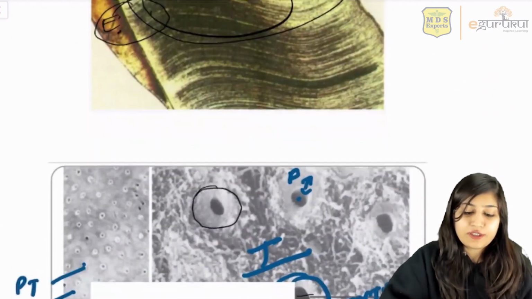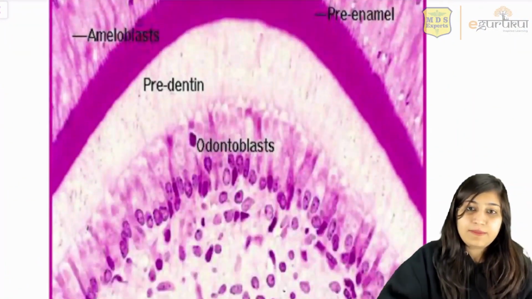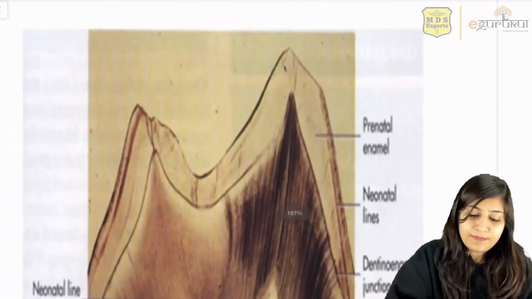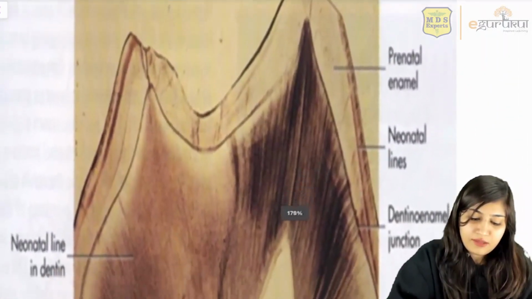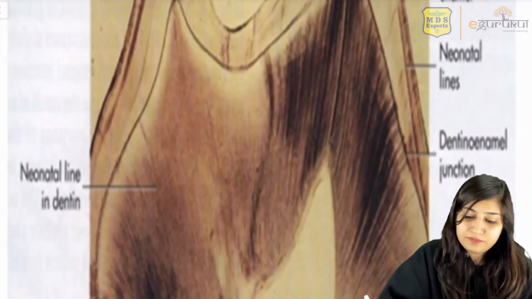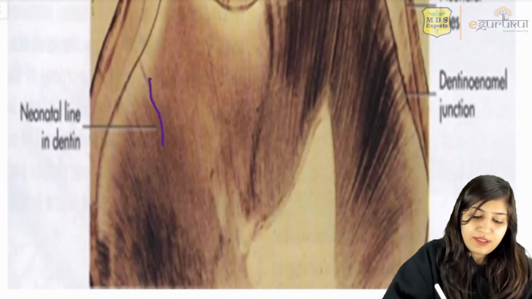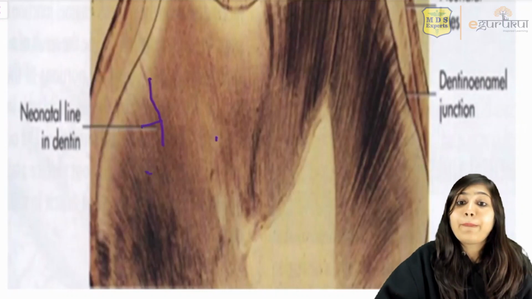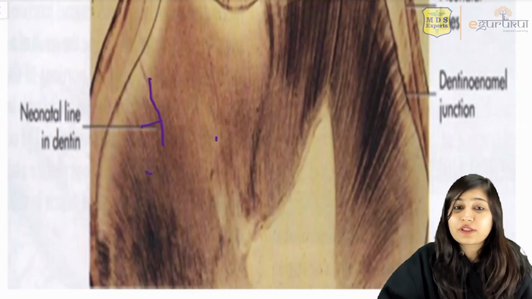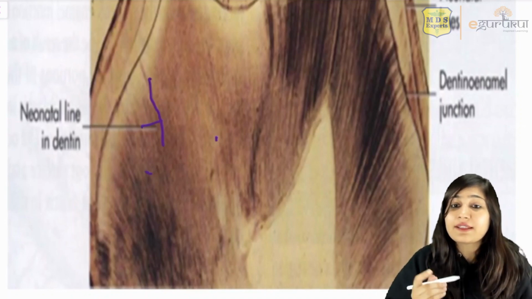Dentinal tubules were already discussed. Then predentin also we have discussed. Neonatal line, you can see here, same as in enamel. Here you can see neonatal line in dentin, differentiating pre-birth dentin from post-birth dentin, same as seen in enamel.